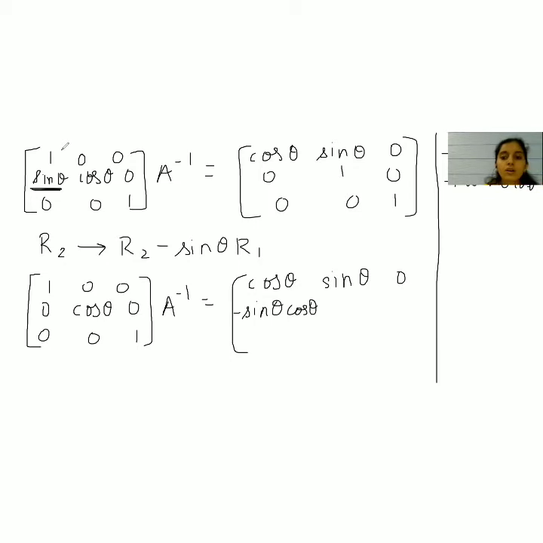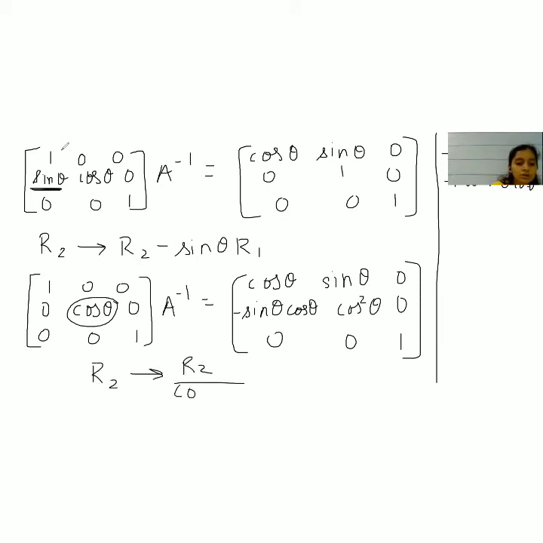Second one is 1 minus sin square theta, which is cos square theta. 0 minus 0 is 0, and 0, 0, 1. Last step, we have to make this term 1. So R2 changes to R2 divided by cos theta. Now when I do this, this left hand side matrix will turn into an identity matrix.